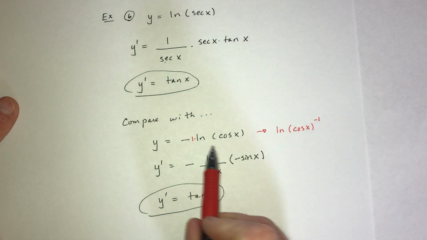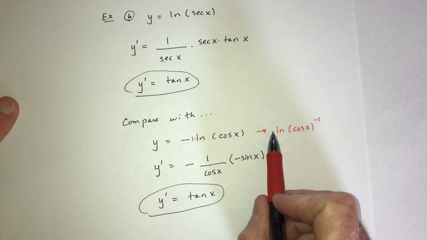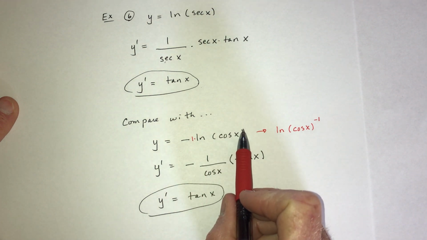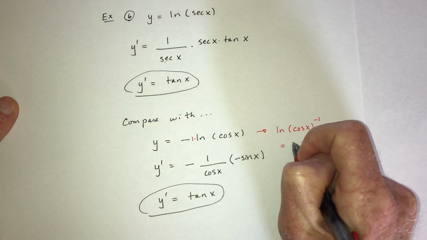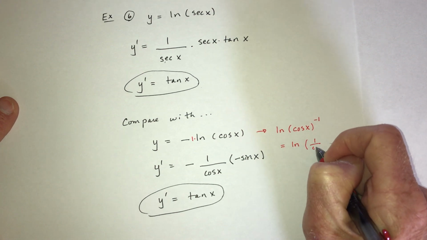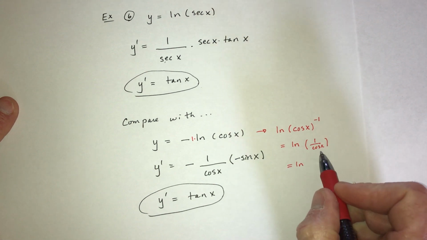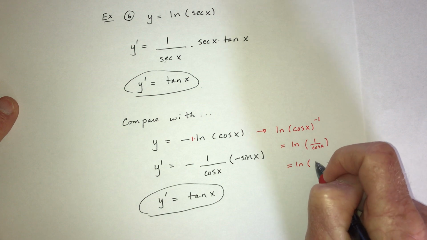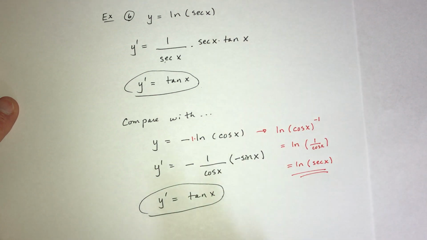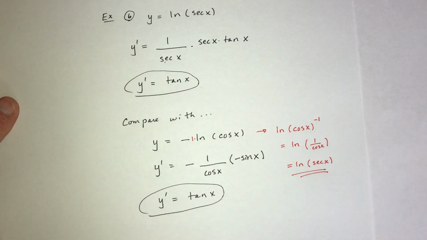That's the rule from logarithms, that if you have an exponent, you can bring it in front and multiply, or if the number's in front, you can move it up and use it as an exponent. And then, since it's to a negative 1, that means it's 1 over cosine. And what's the trig identity for 1 over cosine? You got it, it's secant. So it turns out the questions were exactly the same, even though it didn't look like it at the beginning.